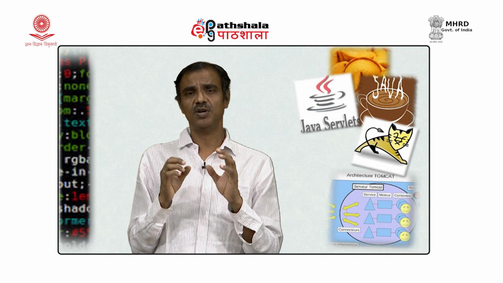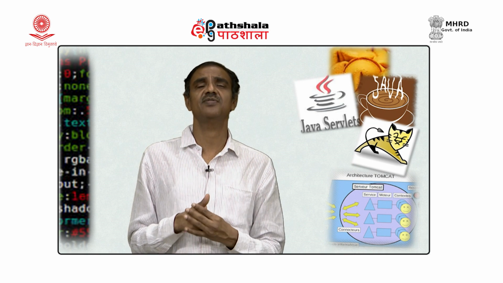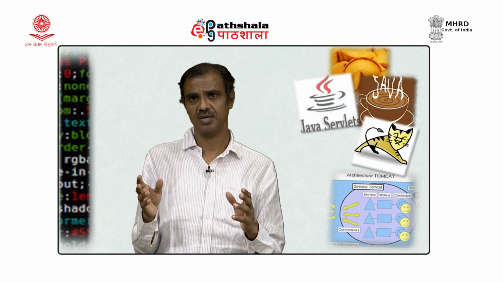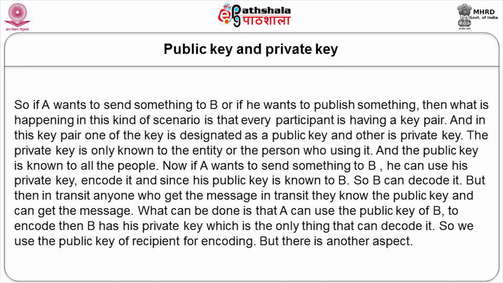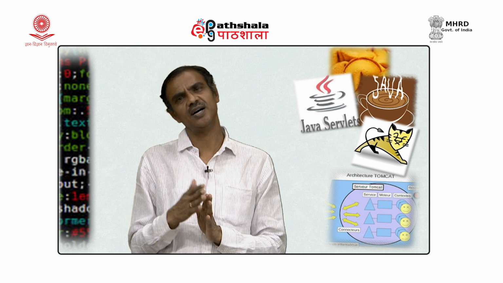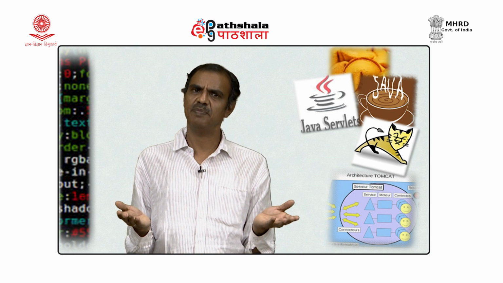So, the mechanism which is now getting adopted is something like this. If A wants to send something to B, or A wants to publish anything, what he can do is encrypt using his algorithm. In this scenario, every participant has a key pair, and because it is a pair of keys, one of the keys is designated as a public key and the other as a private key.